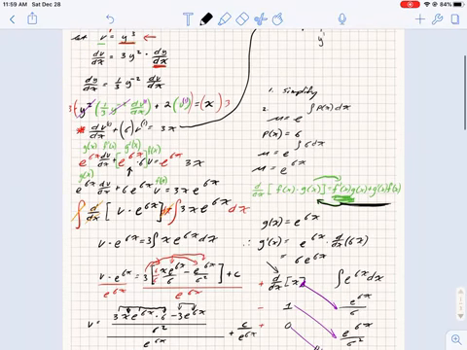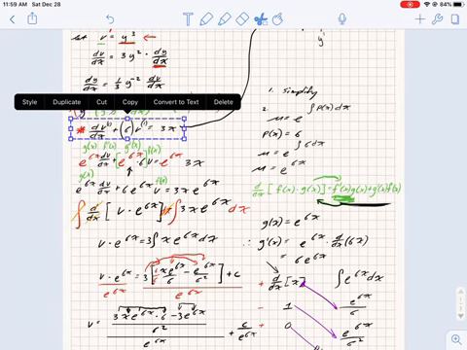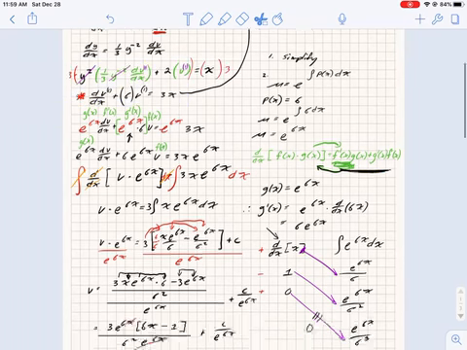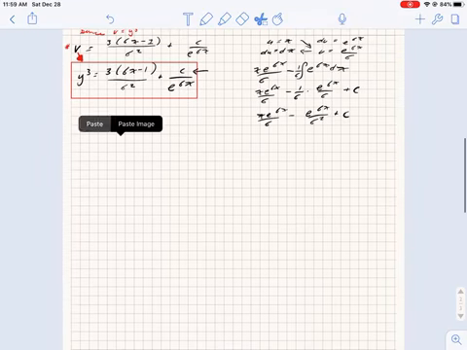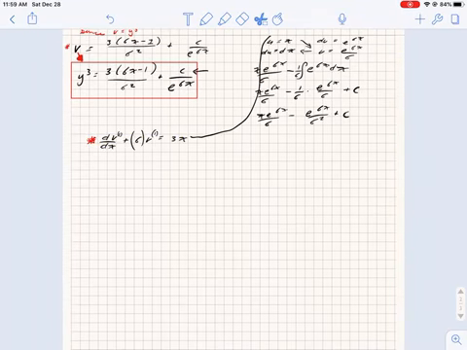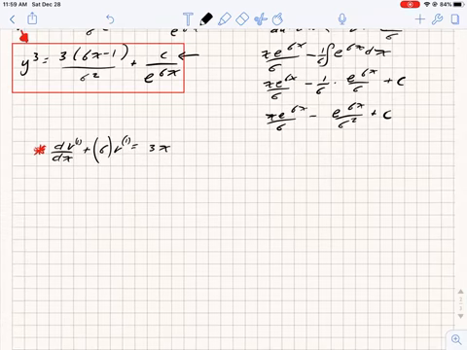So let's go up and find our linear differential equation that we found by doing a v substitution.